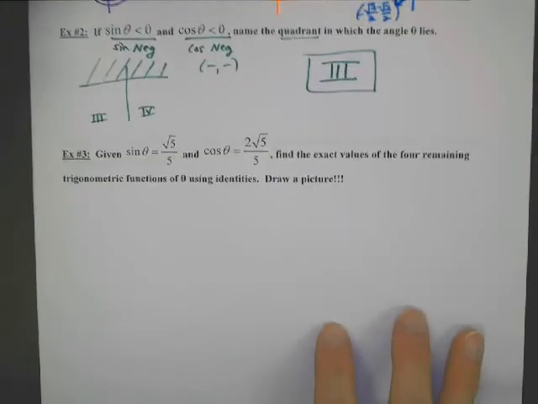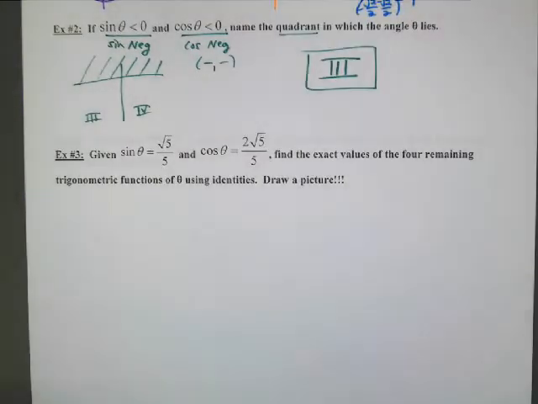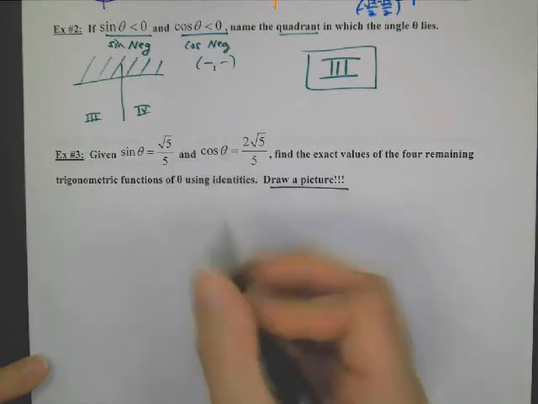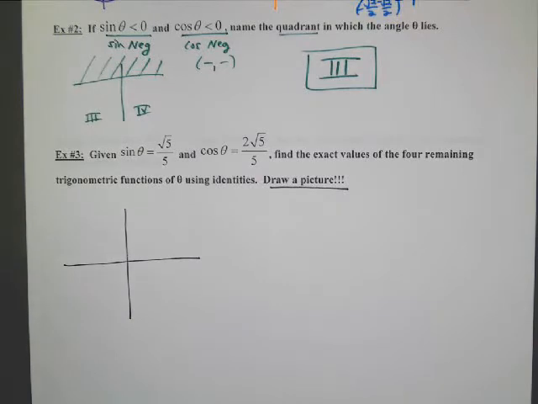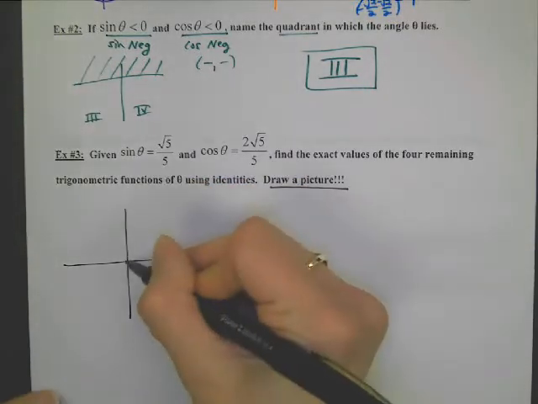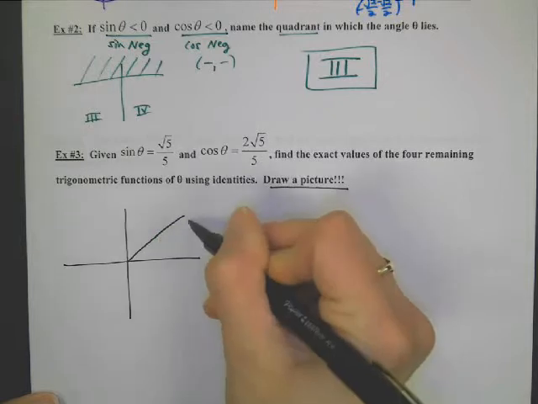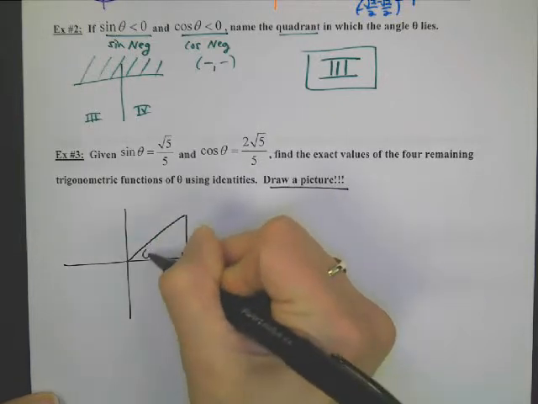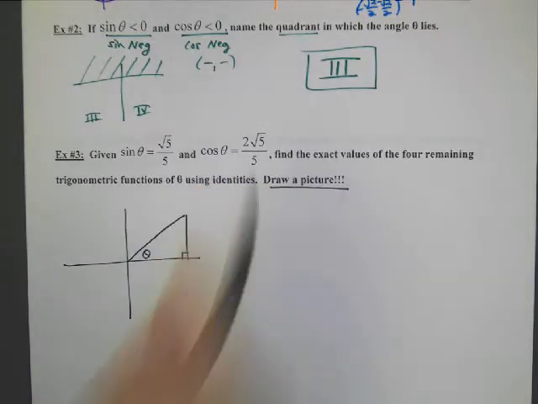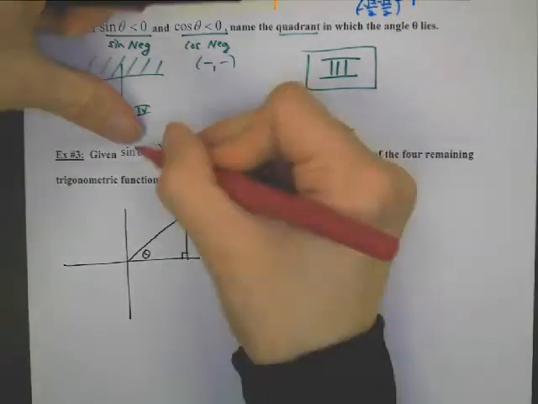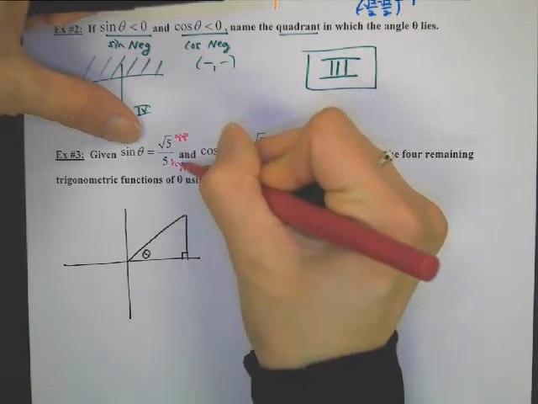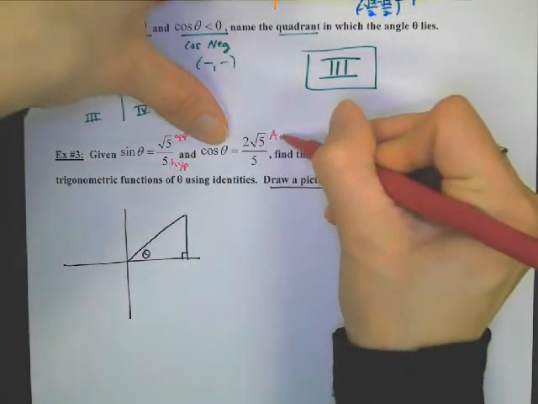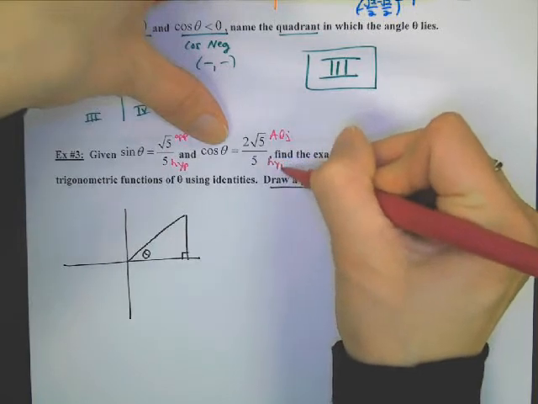Okay, here's another example. I've got a sine and I've got a cosine. Let's draw a nice picture. I'm going to put the angle and the triangle in quadrant 1, since it's positive, positive. So make sure you go from the origin into the quadrant, use the x-axis, there's theta. Sine is opposite over hypotenuse, and cosine is adjacent over hypotenuse.